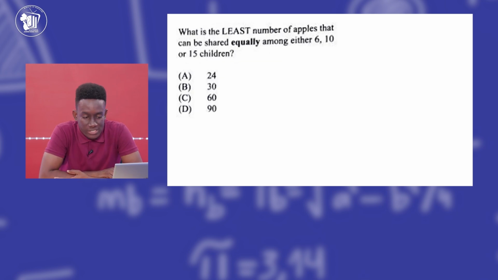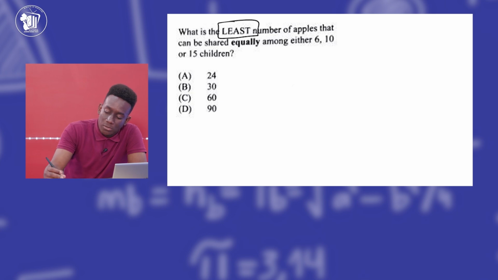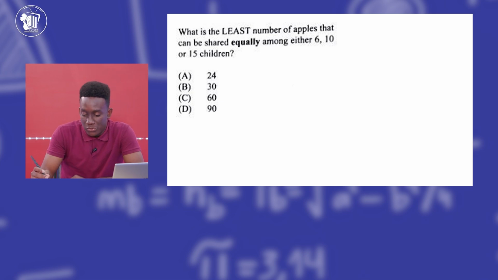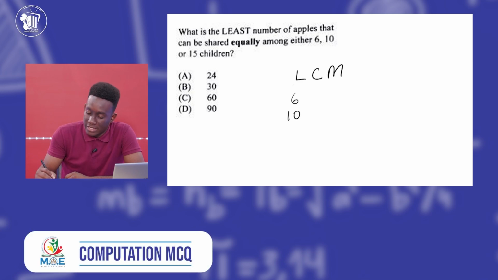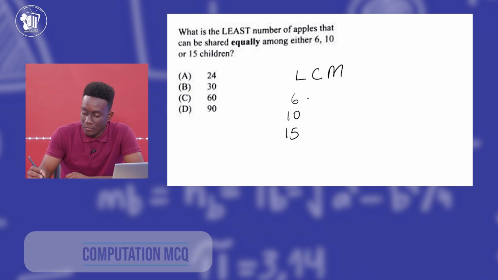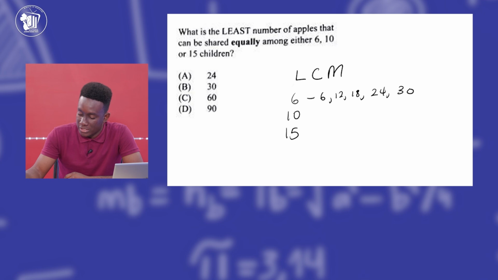And the next question says, what is the least number of apples that can be shared equally among 6, 10, or 15 children? So they want the least number of apples. So we're talking about the lowest common multiple of 6, 10, and 15. So let's list some multiples of 6. Some multiples of 6 would be 6, 12, 18, 24, 30.